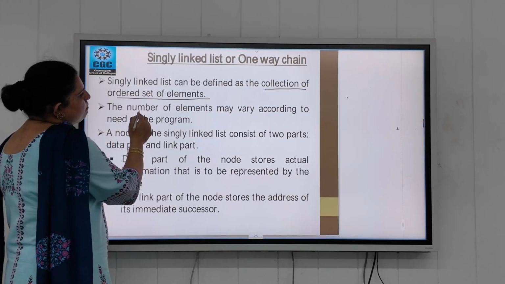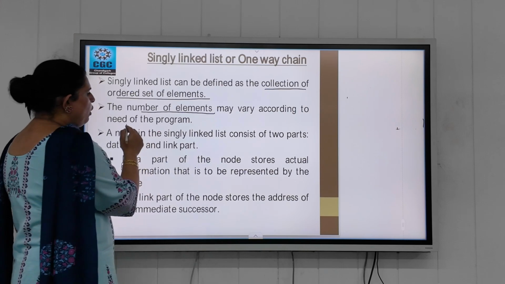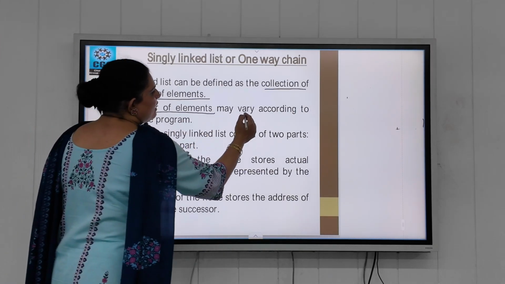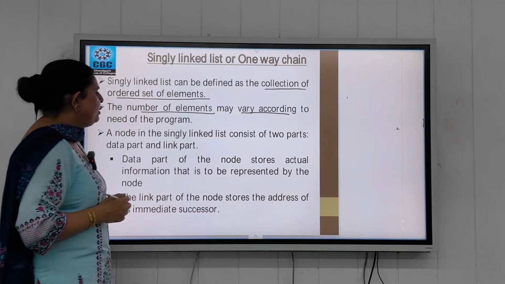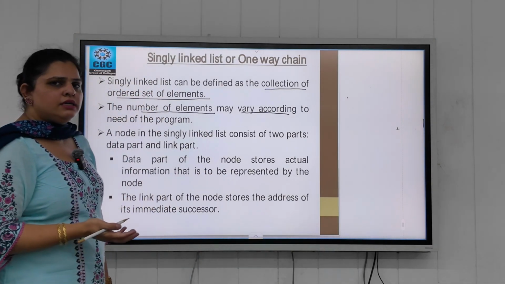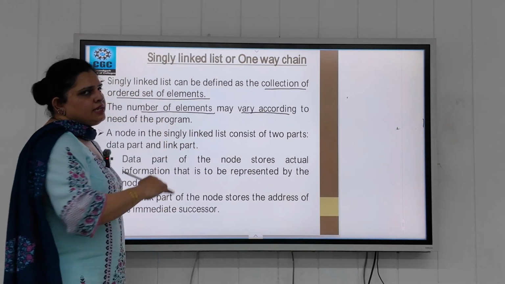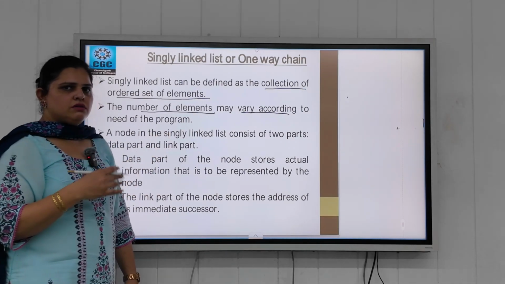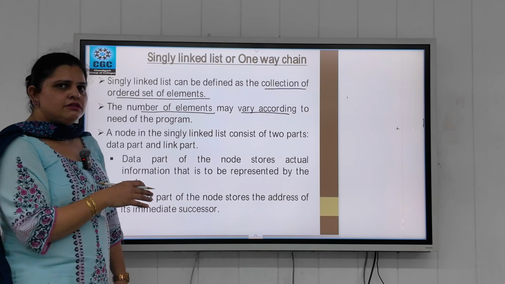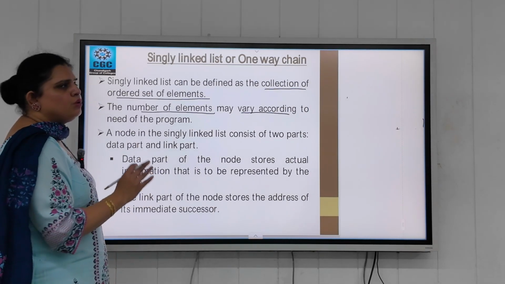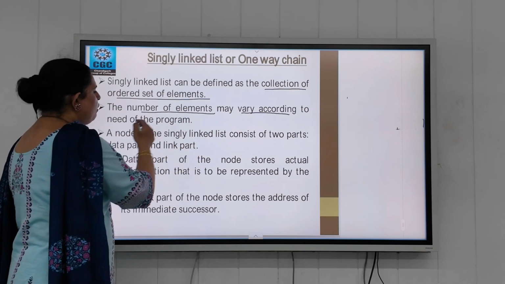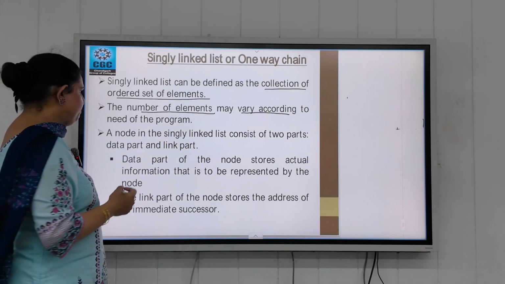Next, the number of elements may vary according to the need of the program. Why do we say that? As we already discussed, linked list can work on dynamic memory allocation. Whenever we are going to insert an element in a linked list, we can pick memory and store it in our linked list. So the number of elements may vary according to the need of the program.